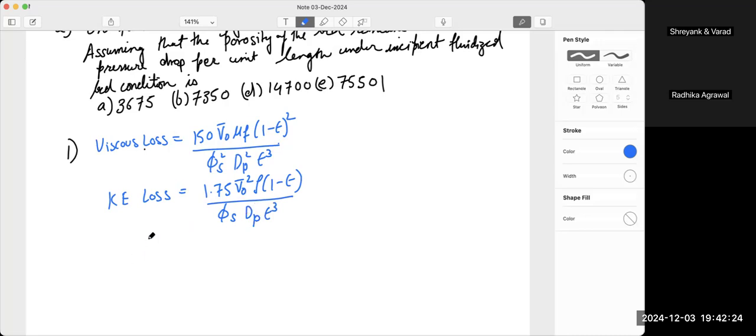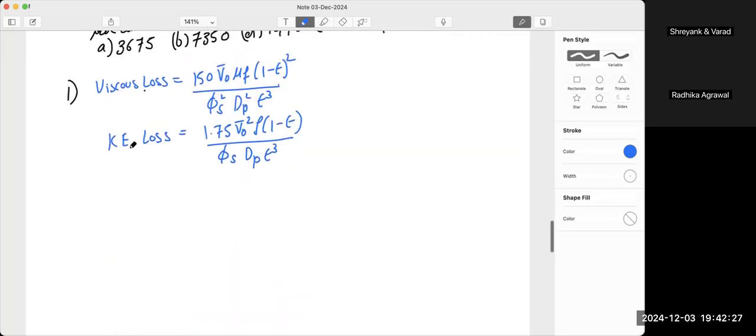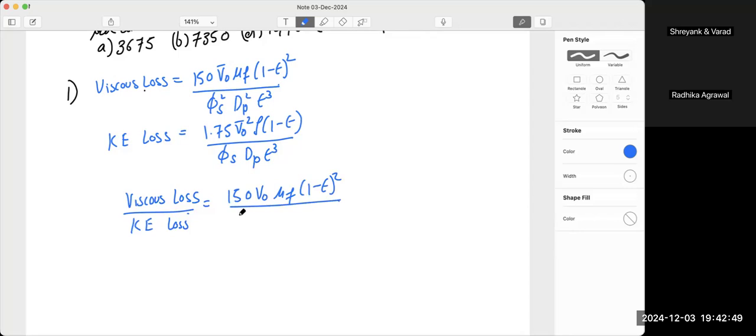Viscous loss through that kinetic energy loss. So 1.75 v naught square rho_f (1 minus epsilon) into Vs into dp into epsilon cube.